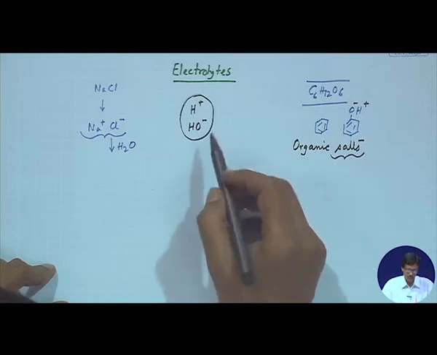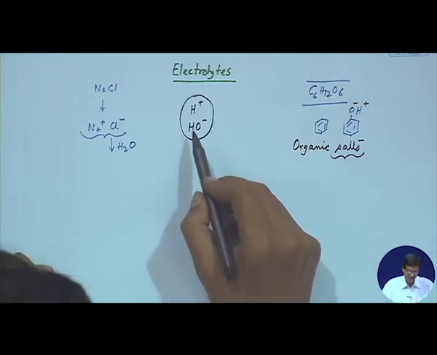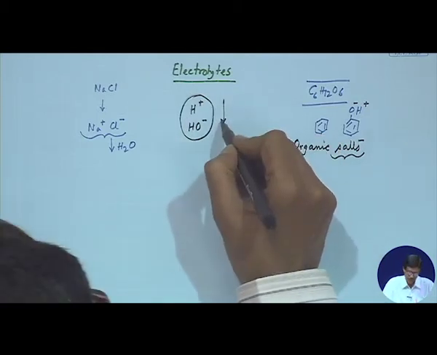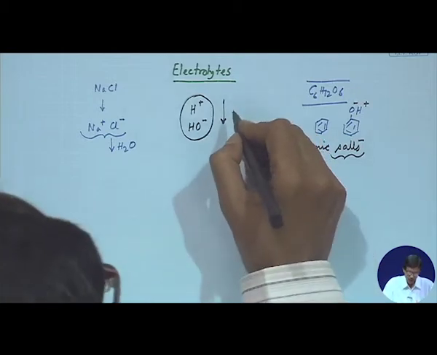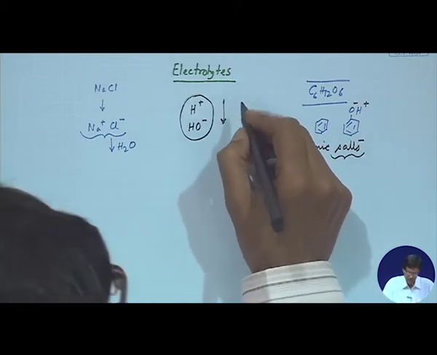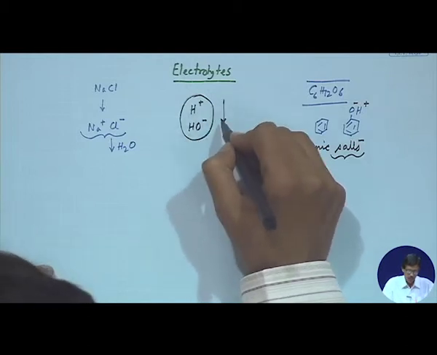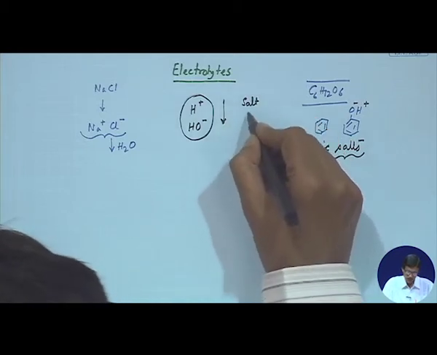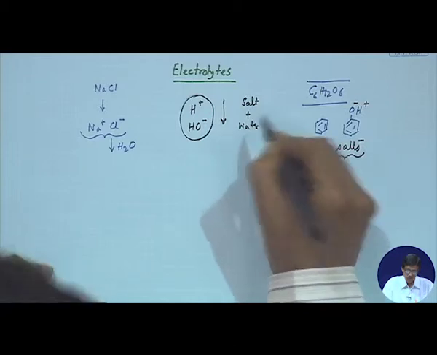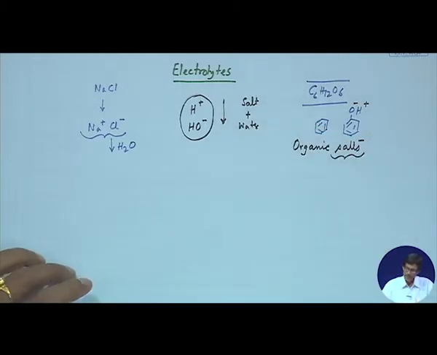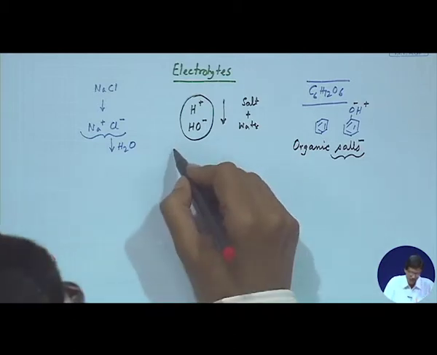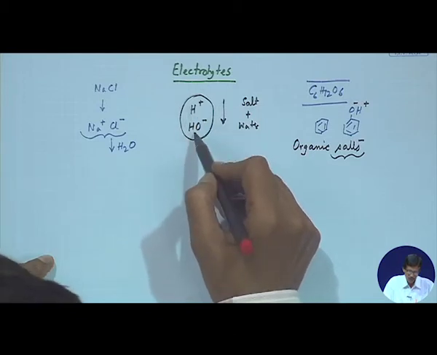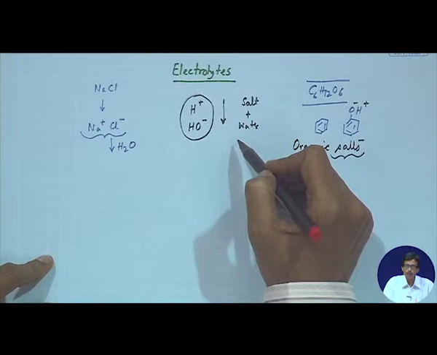Some acid is reacting with some base, giving salt plus water. That is the corresponding neutralization reaction. If we have stoichiometric amounts of A plus B reacting, giving C plus D, that is salt plus water.